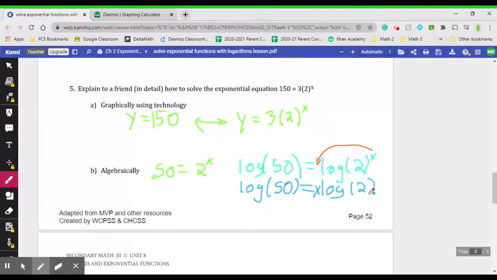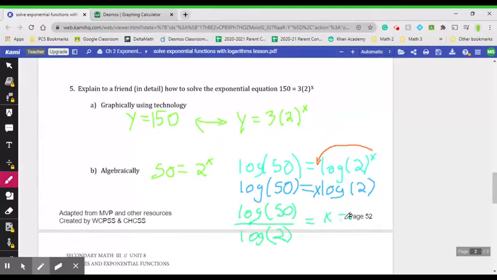And then we would just divide both sides by the log of 2. So we have log of 50 divided by the log of 2, giving us our final answer in this algebra problem.